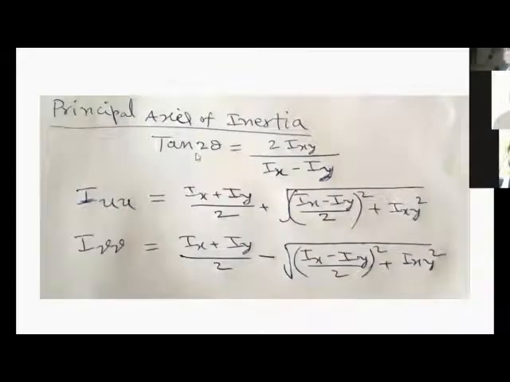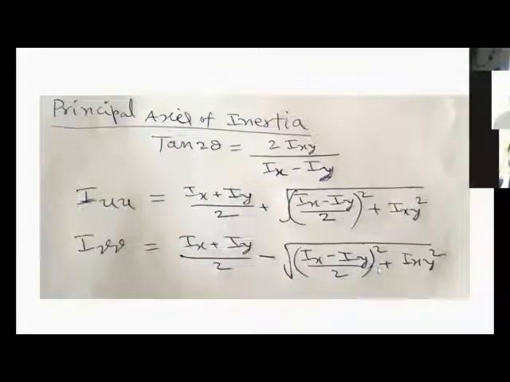When you substitute, you get Iu equal to Ix plus Iy by 2 plus square root of Ix minus Iy by 2 whole square plus Ixy square, and Iv, that is the minimum moment of inertia, is Ix plus Iy by 2 minus square root of Ix minus Iy by 2 whole square plus Ixy square.